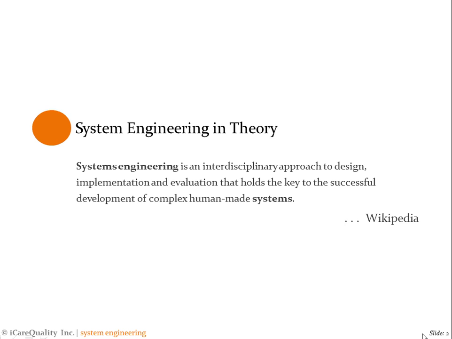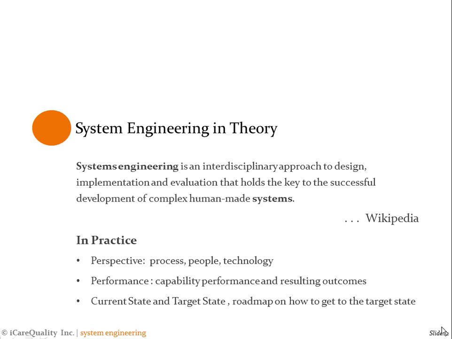According to Wikipedia, system engineering is a discipline that is often used to develop complex human-made systems. In practice, system engineering methods are often applied from three perspectives: people, process, and technology. And secondly, we look at specific performance measures of the system, the capability itself, and the resulting outcomes.